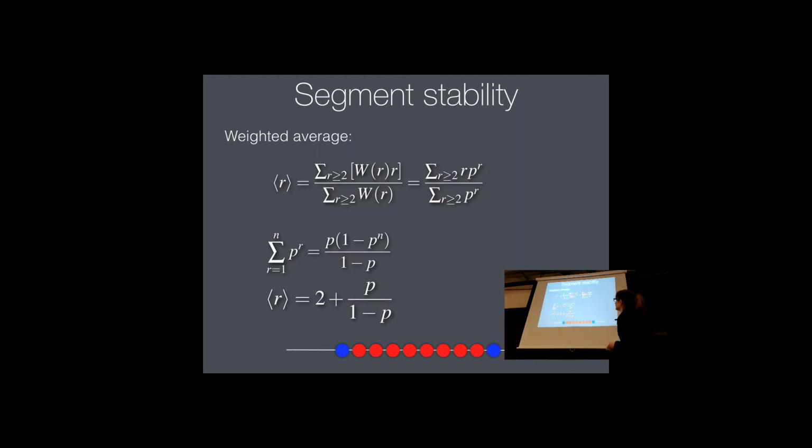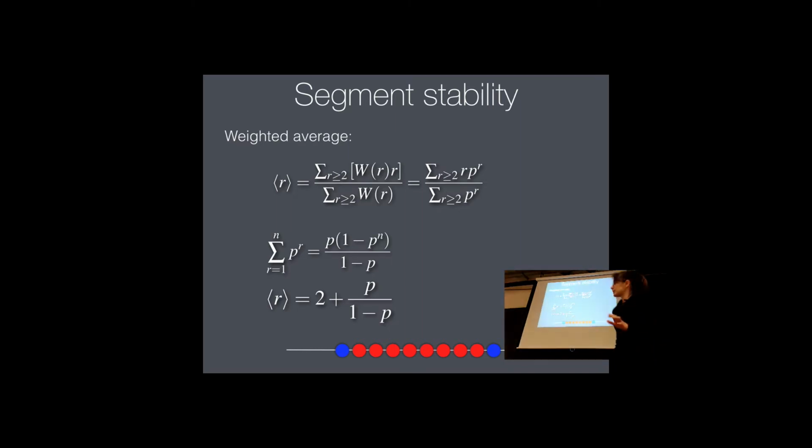And if you solve for this using this relationship, you'll end up with the notion that the average length of such an element is 2 plus p over 1 minus p.